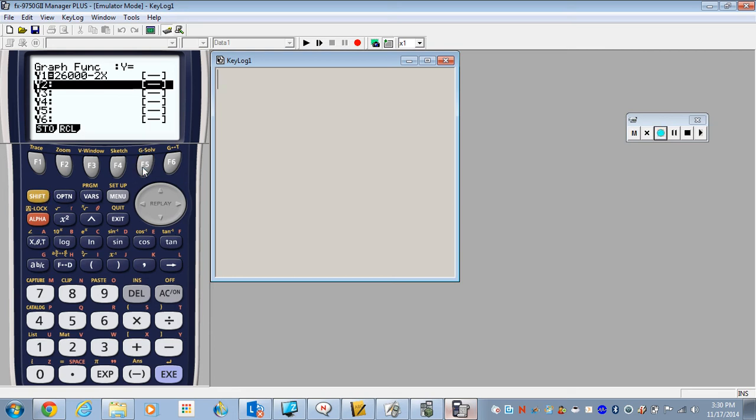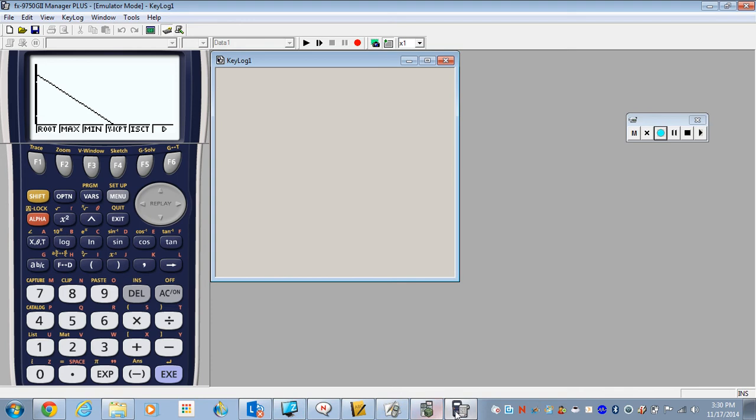I honestly don't do this on a regular basis. Let's execute and do shift and G-solve. Intercept. Nope, I definitely don't want that. I want to know what this point is. So I want to know what x is. That's y-intercept, intersection, the roots. So I want to know what the time is.